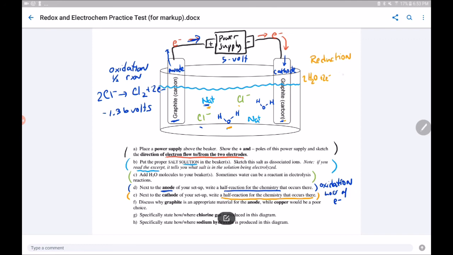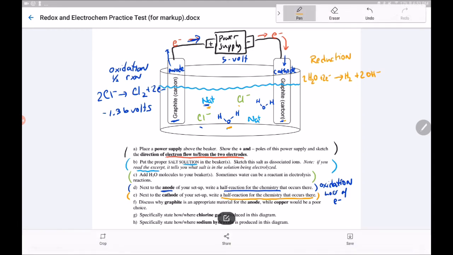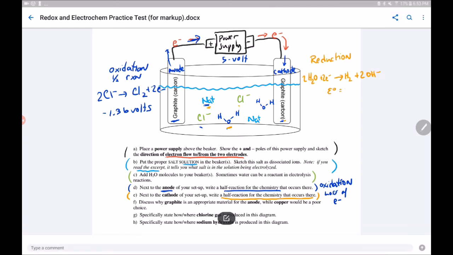You saw the reduction of water in your electrolysis mini lab. That's the electrode that turned pink from the phenolphthalein. So here it is. It's negative potential, but it's much, much less negative than the reduction of sodium.